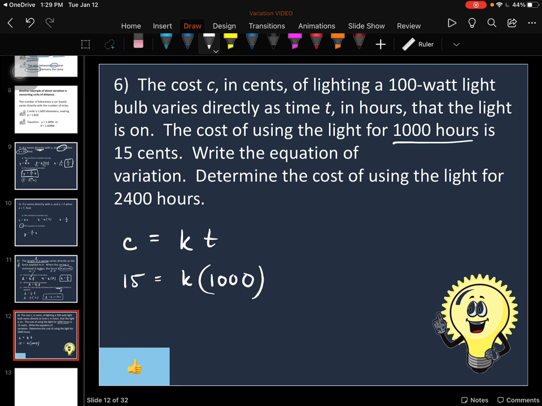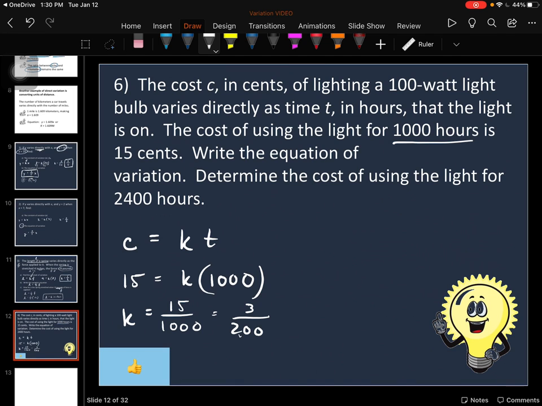So now when we solve for our constant of variation, our K, so we can make our formula, we're going to do 15 divided by 1,000. And if you want to, we can make that as 15 over 1,000. Fraction or decimal, we'll divide by 5, you get 3/200. So that's your constant of variation.